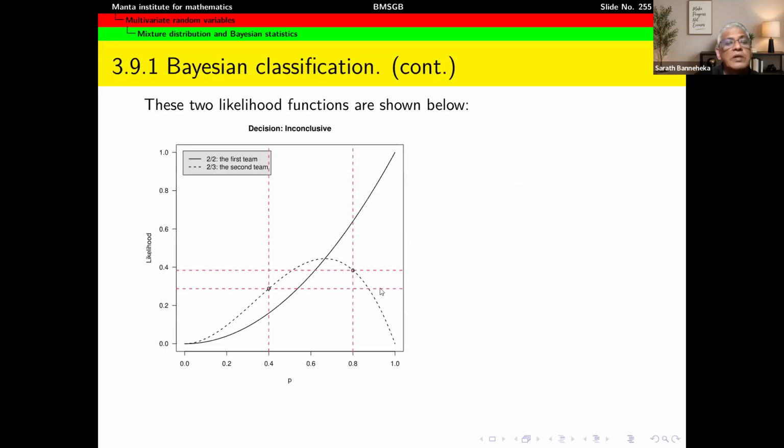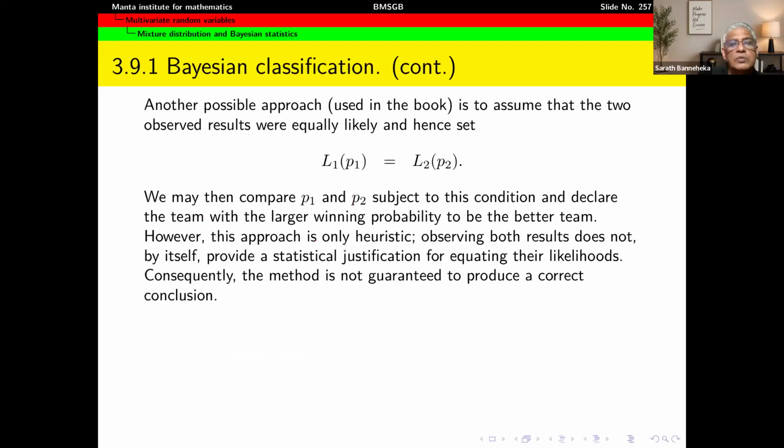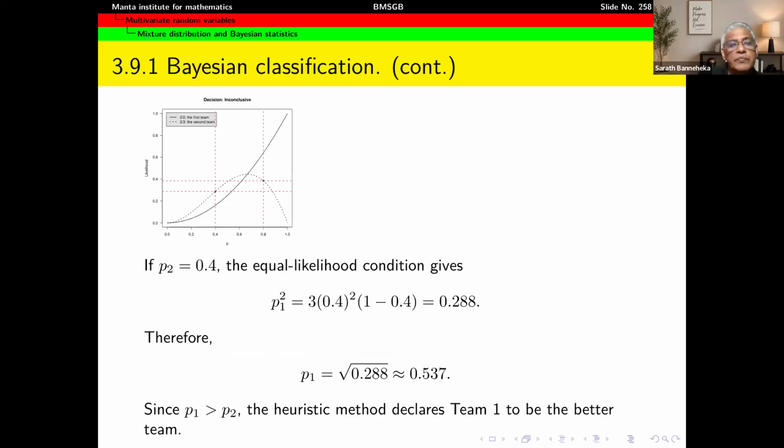So here are the two likelihood functions. This is the likelihood function for the team that won two out of two games. This one is the likelihood function for the team that won two out of three. Was it two out of three or three out of four?